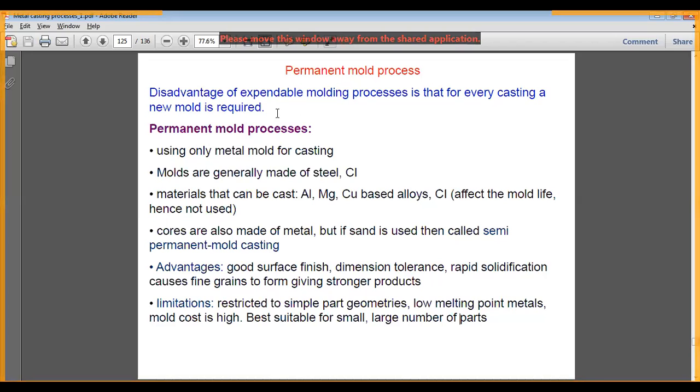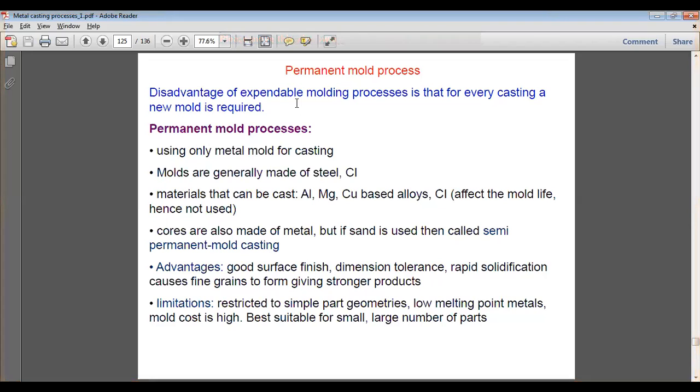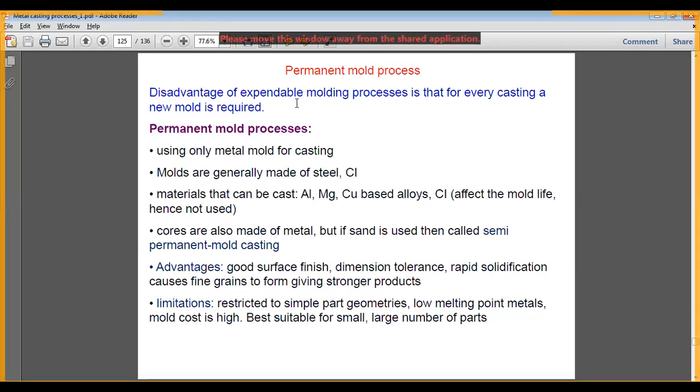That means for every product you have to make a mold. That is a disadvantage of single use casting. So what we will do, we will make a mold that is permanent, and that can be used for multiple castings.